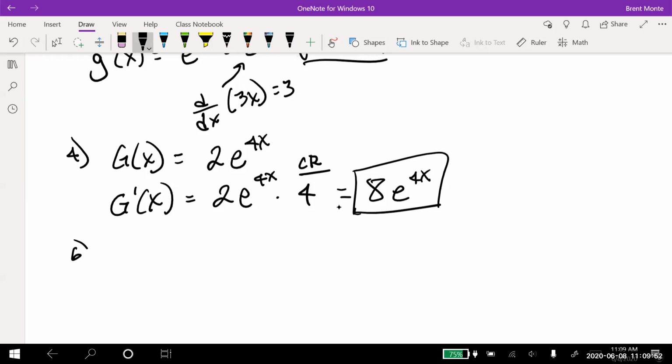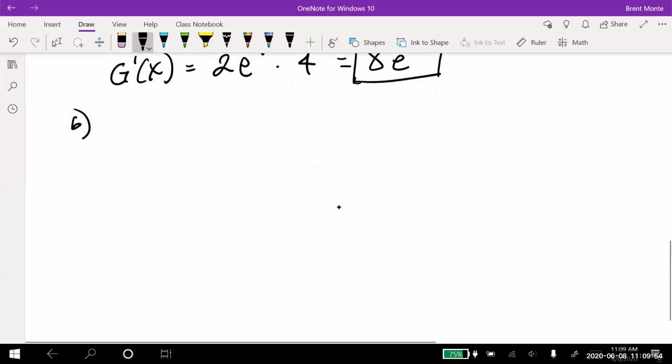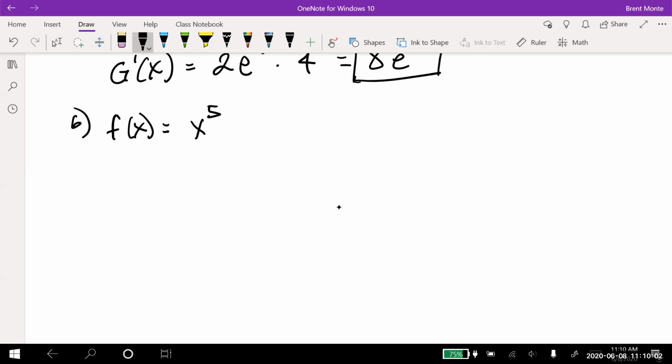Here's number 6. F of x equals x to the 5th minus 2 e to the 6x. Remember, we get to take the derivative of each of these separately because it's separated by a subtraction. The derivative of a difference is just the difference of the two derivatives. Now I've got x to the 5th.